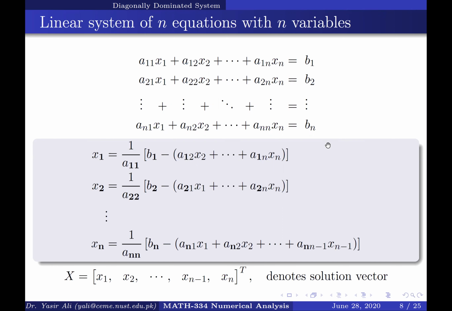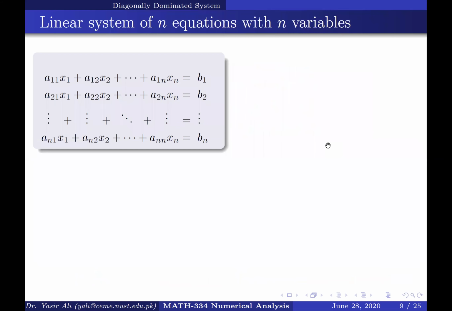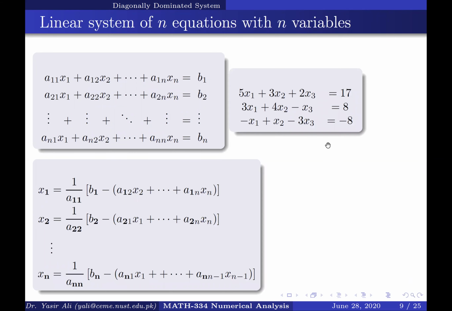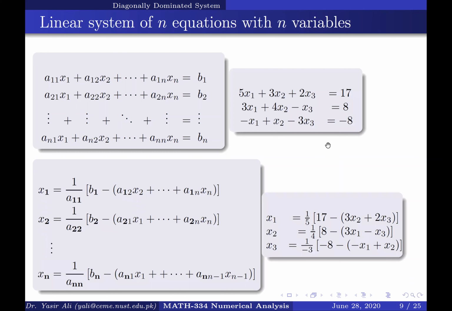Here x1, x2 up to xn represent the components of the solution vector x. If I consider a 3 cross 3 system, then x1, x2, x3 may be represented like this, and this expression is obtained from here.